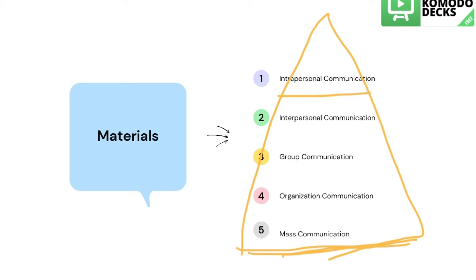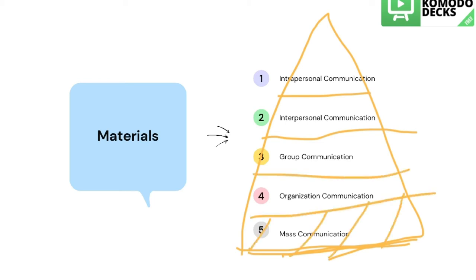So it means that intrapersonal communication has the smallest number of people, the smallest space, and the simplest communication purposes or goals. On the other hand, mass communication in here is the most broad-ranging level. So it involves the most people. Automatically, it is the most complex level.